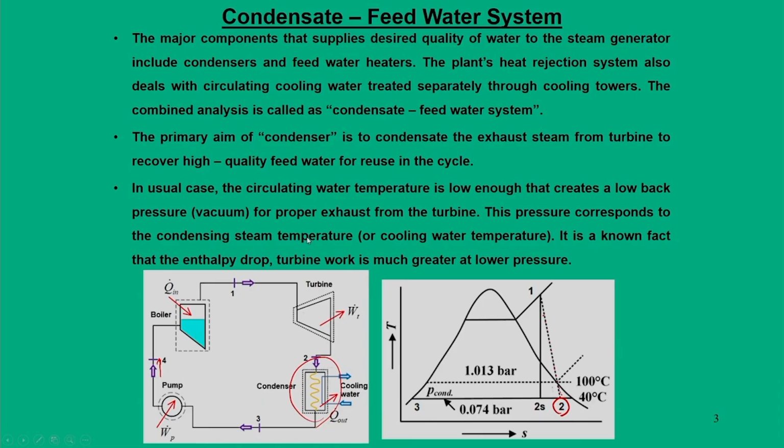The most important part is that turbine work is higher when the condenser is operated at lower pressure, and mostly we say that if you can operate the condenser pressure in vacuum, then we can maximize the enthalpy output.